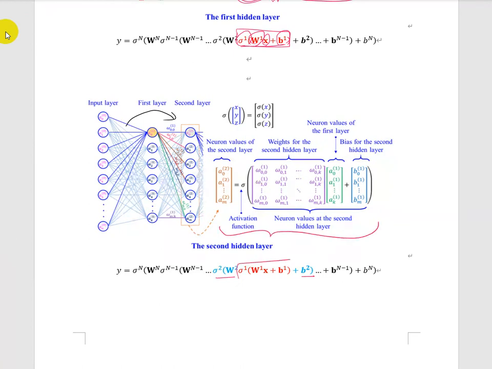The red part was calculated from the first layer, and it's going to be used as an input parameter for the next layer, which is the second hidden layer, and multiplied by the weight matrix that connects the first hidden layer to the second hidden layer.